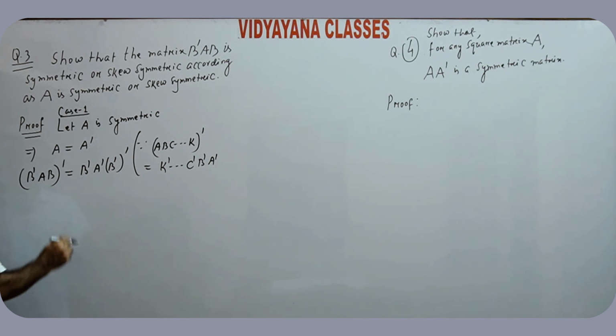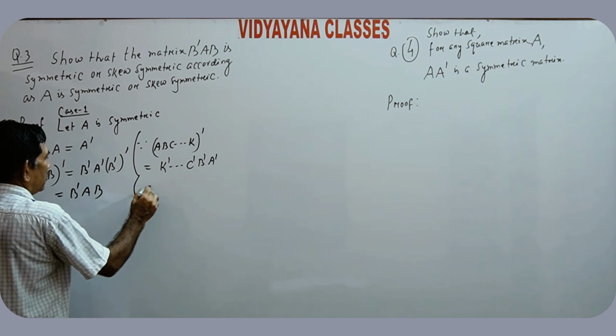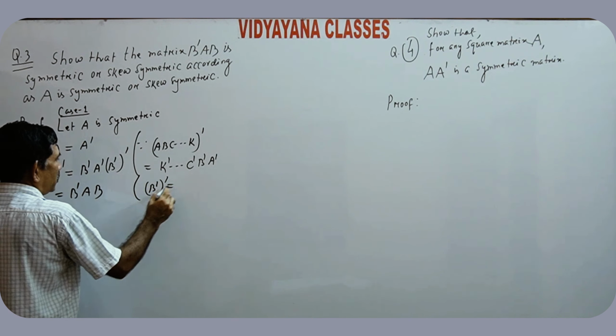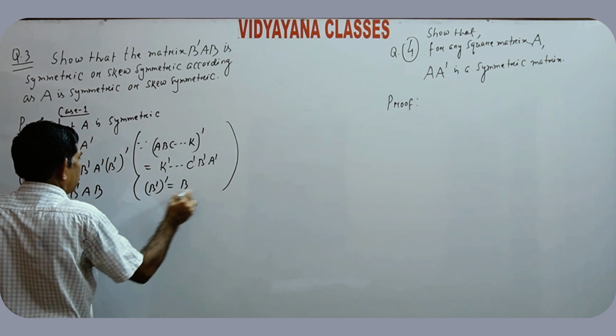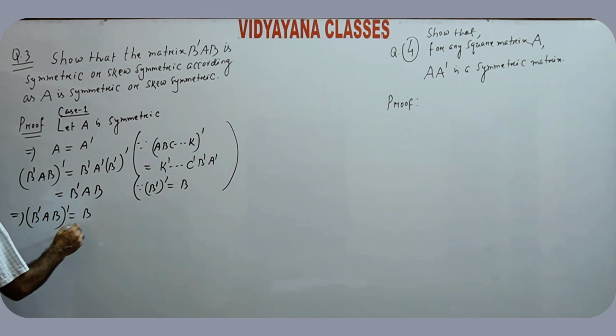So this is the same as B transpose A transpose into B, since transpose of B transpose is equal to B. This implies transpose of B transpose A B is equal to B transpose A B. Therefore, it satisfies the definition of a symmetric matrix.